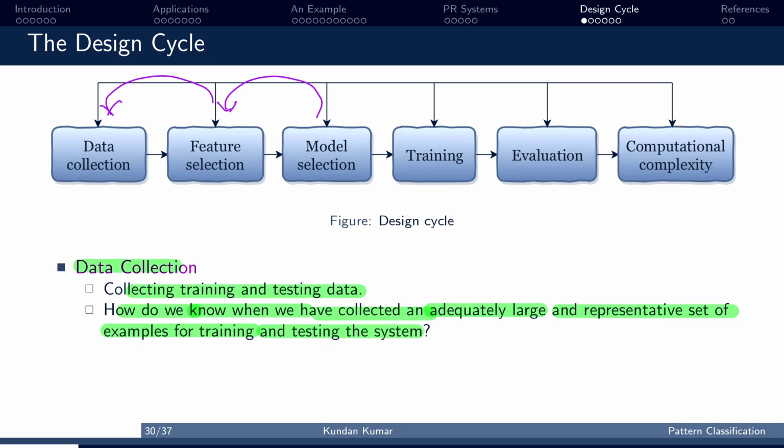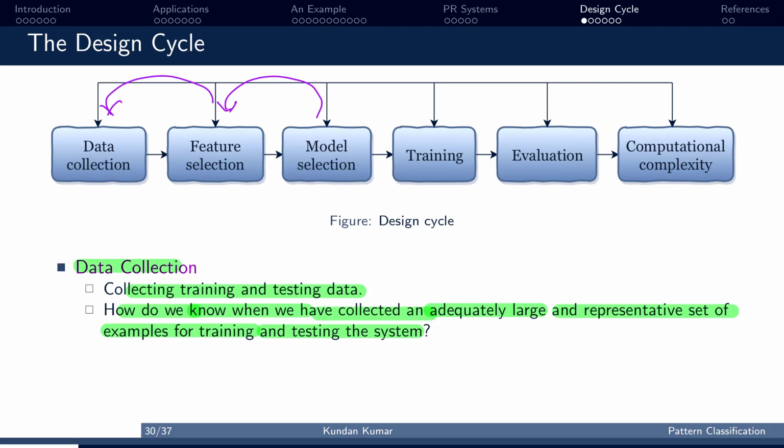Suppose we are collecting the data, how would we know that we have sufficient data samples? Is the data we have collected sufficient to generate a reliable model? Those things we can study here.